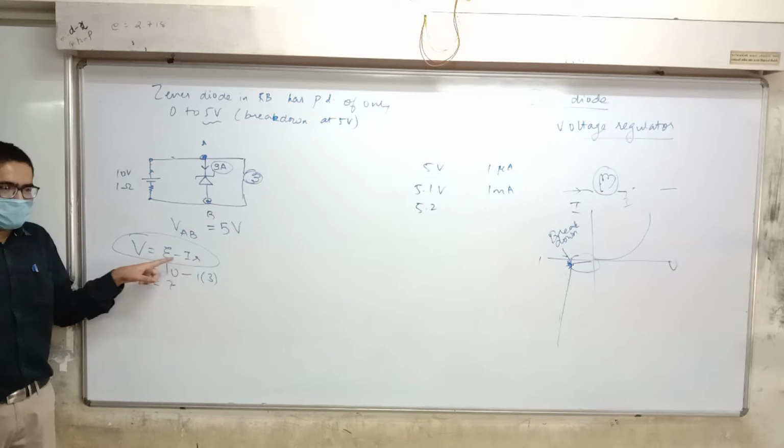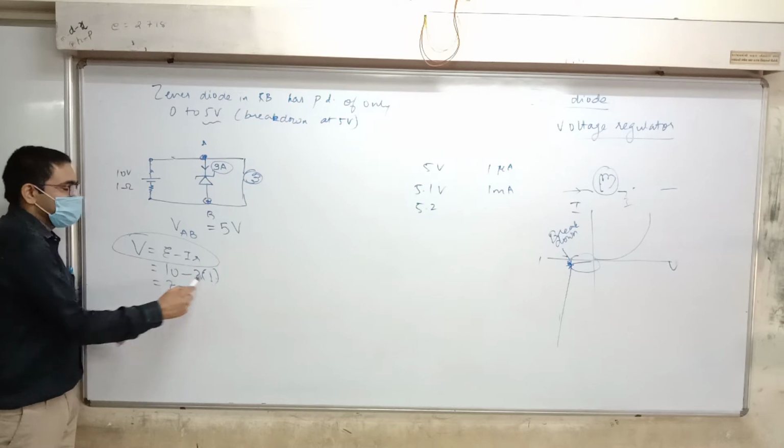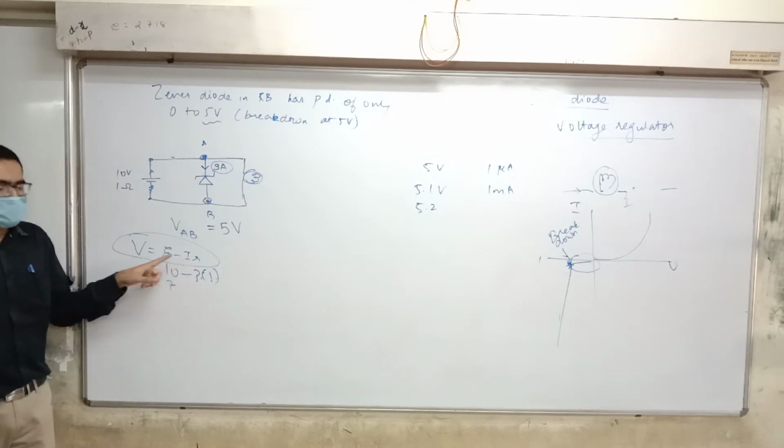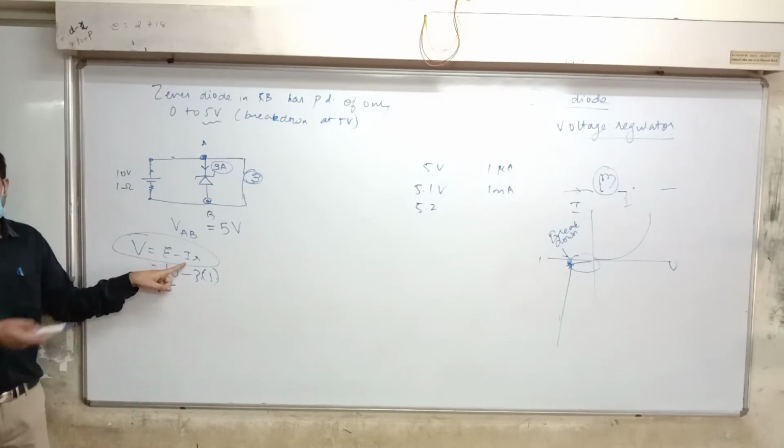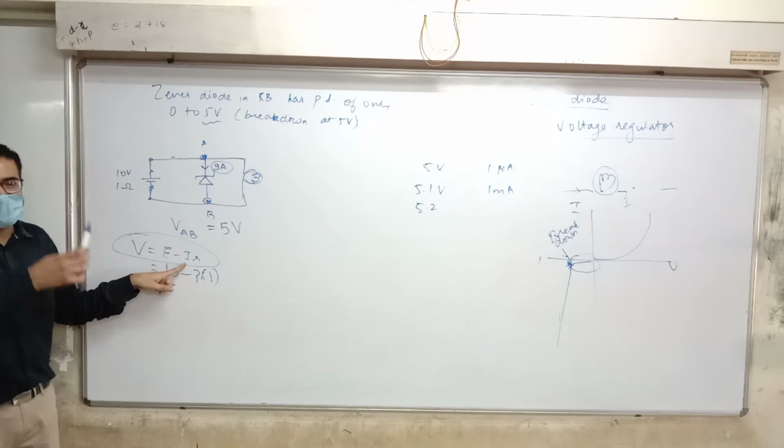This formula, V equals epsilon minus I r. If the current is high, then the terminal voltage will decrease. Why does it decrease? Can you see the formula? There is a minus, so the more the current increases, the more the terminal voltage decreases. Is that clear or not clear?